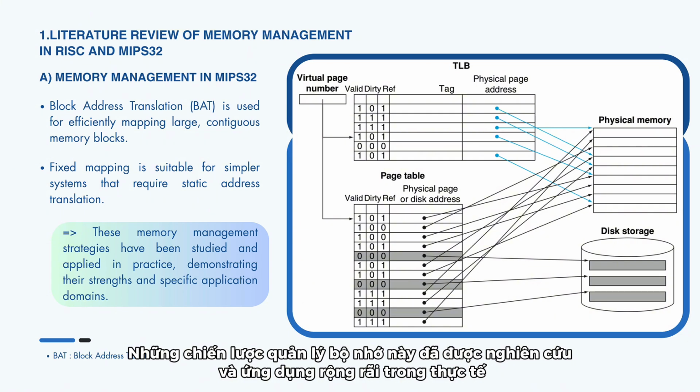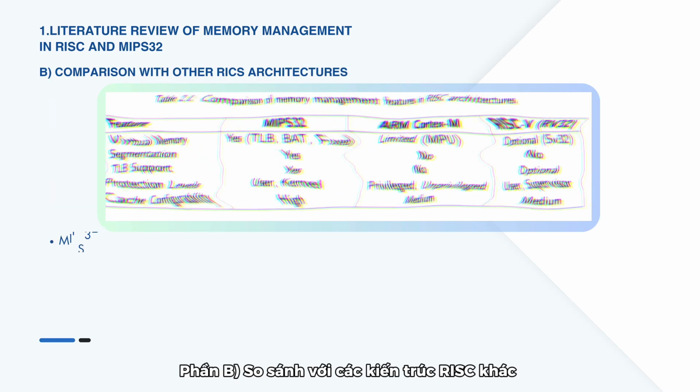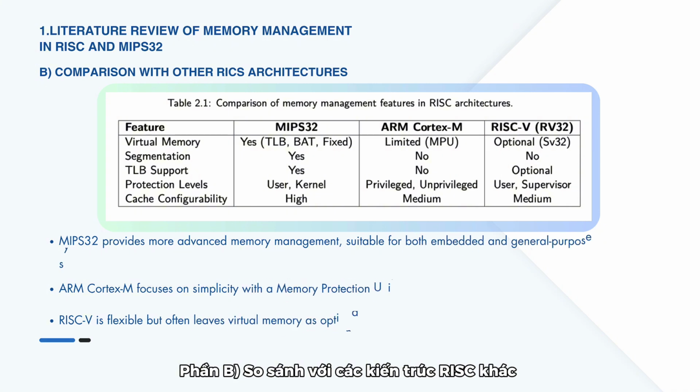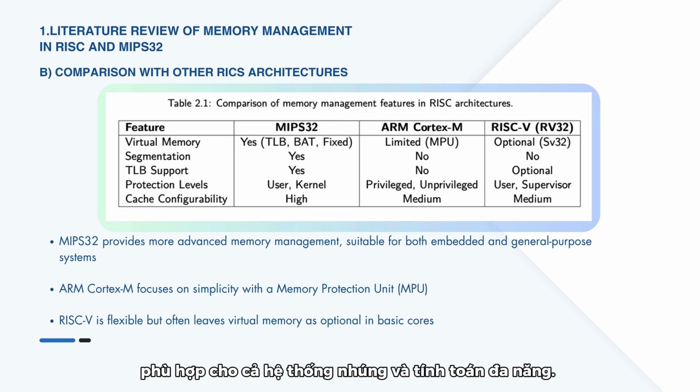These memory management strategies have been widely studied and applied in real-world systems, each demonstrating distinct advantages depending on the specific application requirements. Compared to other RISC designs, MIPS32 offers more advanced memory management, making it suitable for both embedded and general-purpose systems.